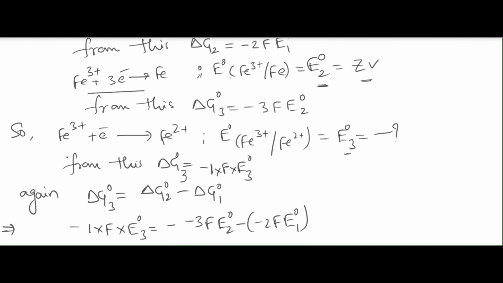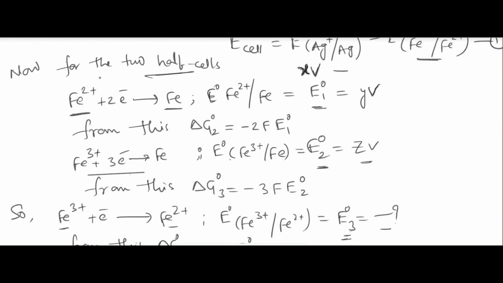What is the meaning of E3 naught here? It is the reaction Fe3+ to Fe2+, which is not given, so we don't know the potential. By using the above two equations, we have to calculate E3 naught. E3 naught cannot be calculated directly from these equations, so we can calculate by using the Gibbs energy change.